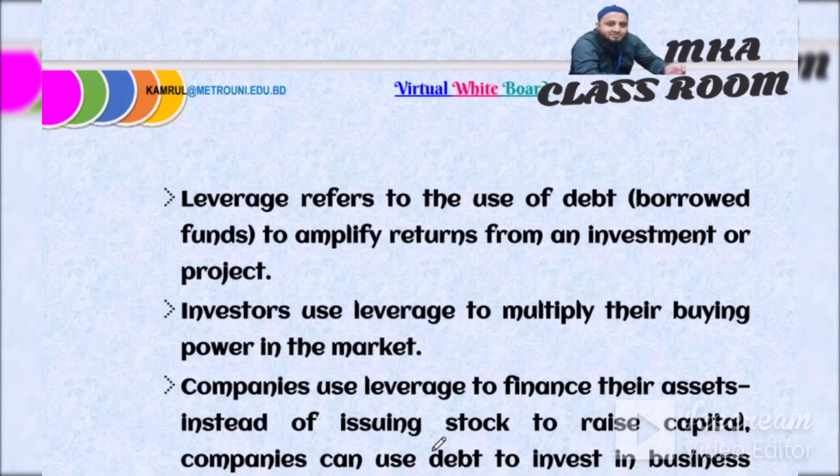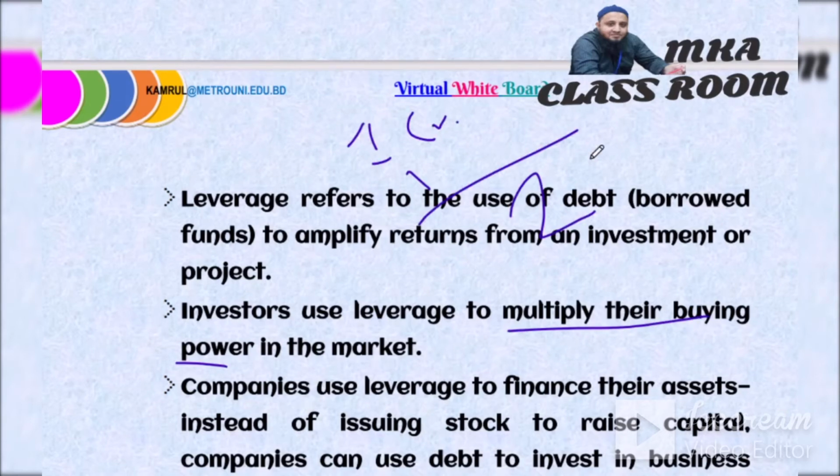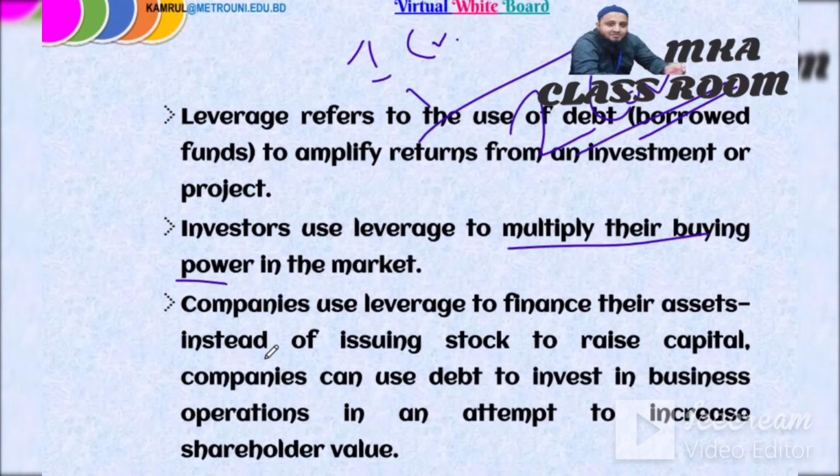If you take a loan from the bank, another 1 crore taka, you have 2 crore taka of purchasing power, increasing double. So you can earn profit double. But here there are also risks. Leverage is also risky, because you have to pay the fixed cost to the bank or any other financial institutions.